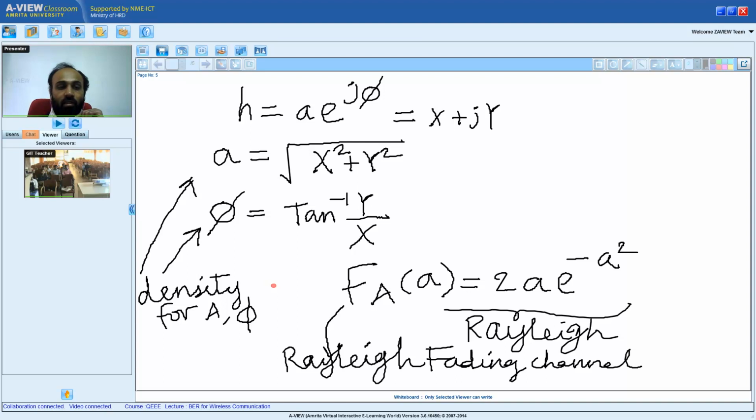And further, remember the quantity phi is the phase. The quantity phi is independently uniformly distributed from minus pi to pi. This distribution is 1 over 2 pi for minus pi less than or equal to phi less than pi. Everyone is able to follow what I am writing?